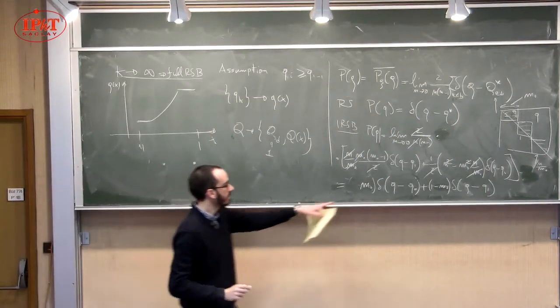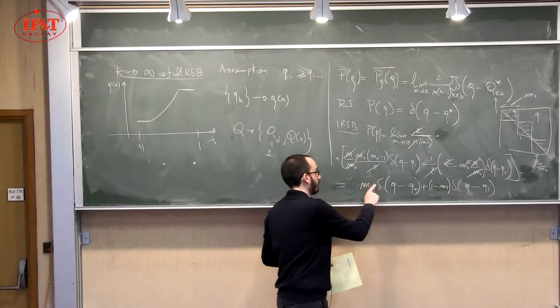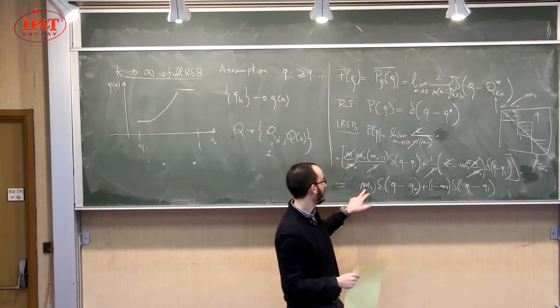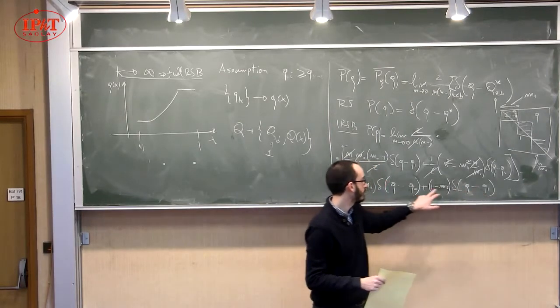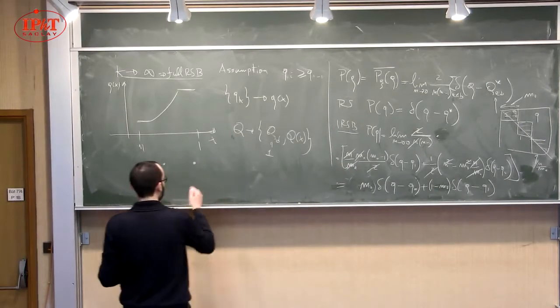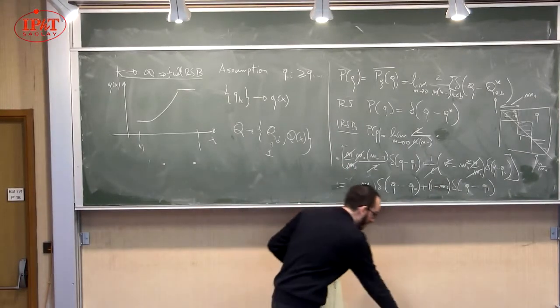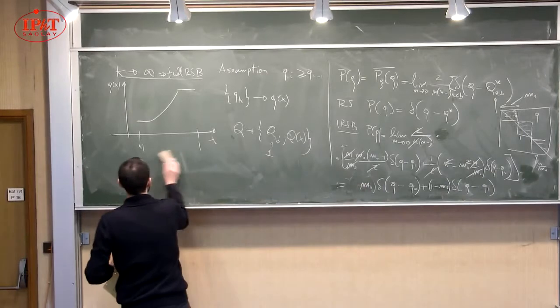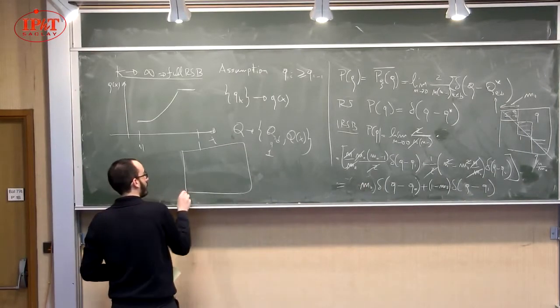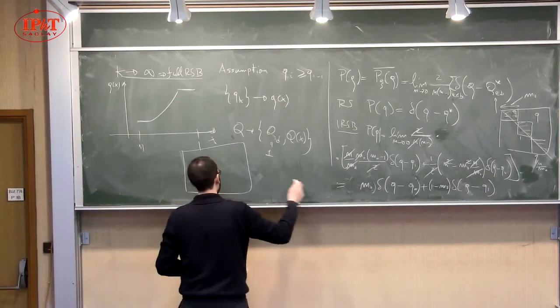Either their overlap is q0 with probability m0, or it's q1 with probability 1 minus m0. So this means that if you consider the space of solutions here, this is something like that. So you have the whole space.